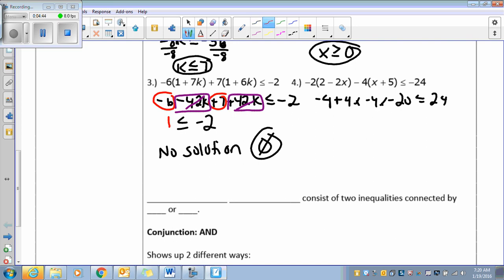Again, we can combine our terms on the same side, so we have negative 4 and negative 20, which will give us negative 24, and then we will have 4x and negative 4x, and again those make 0, so we're left with negative 24 is less than or equal to negative 24. Because this is a true statement, we would have all real numbers as our solution.